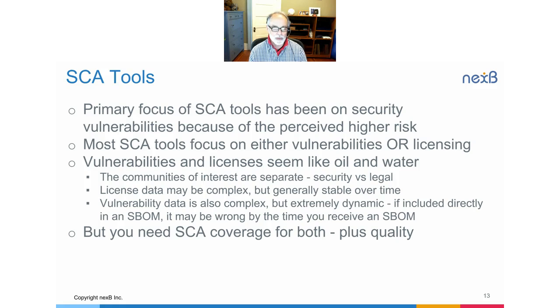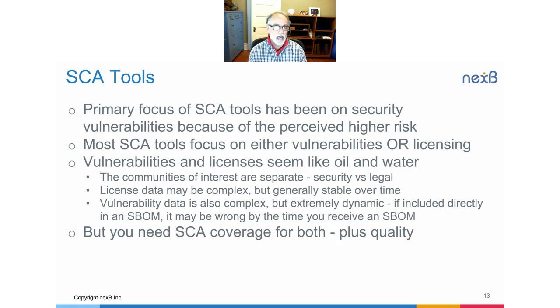There's all sorts of other tools like penetration testing and such that are also needed. They're not part of SCA. And of course, licenses, the experts are lawyers and typically not highly technical people. So it's not surprising the groups are not talking to each other much, but you have to deal with both.